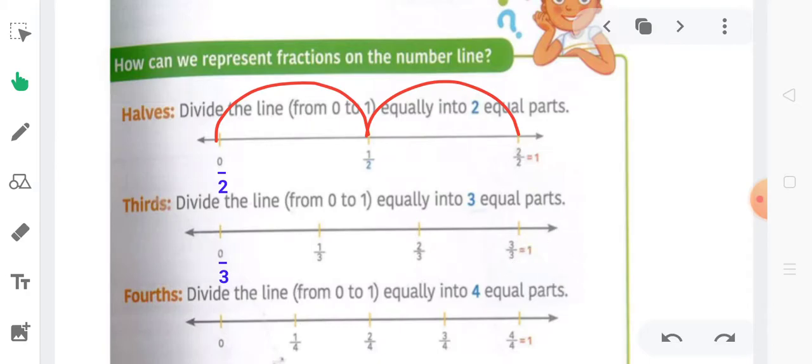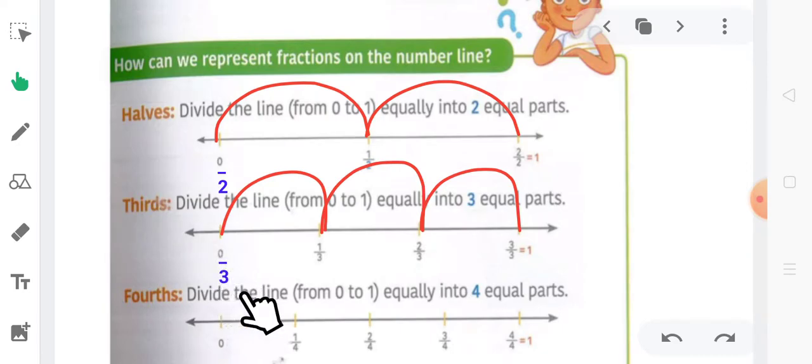Then what do we have? Make 3 jumps, or 3 equal parts. The first jump, the second jump, the third jump. Okay, this is 0 over 3, then 1 over 3, then 2 over 3, then 3 over 3, that's equal to 1.